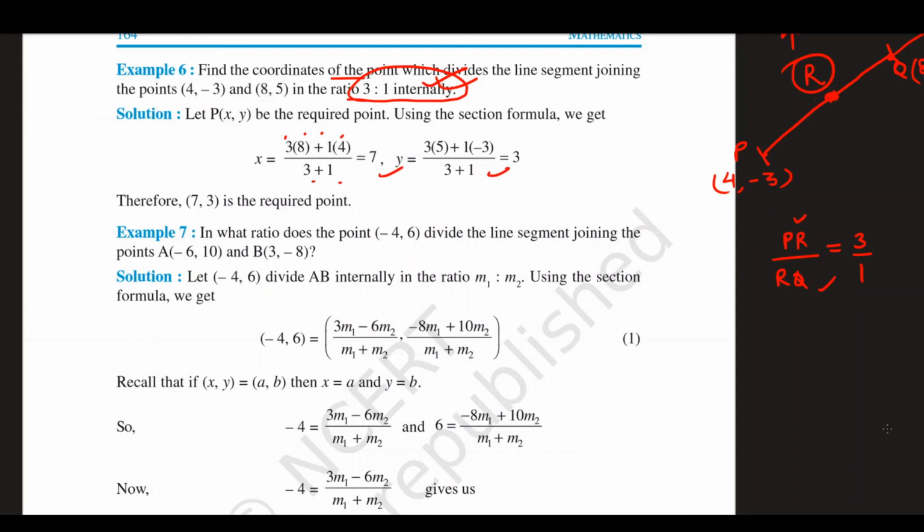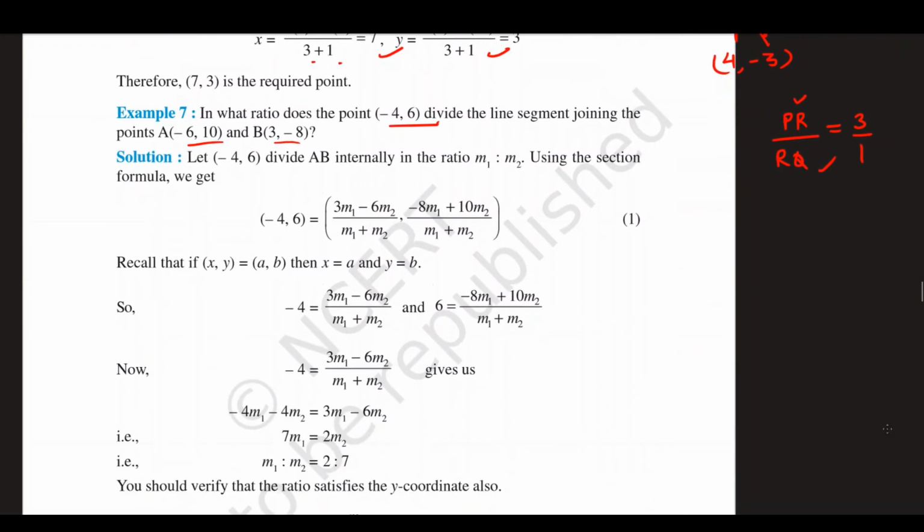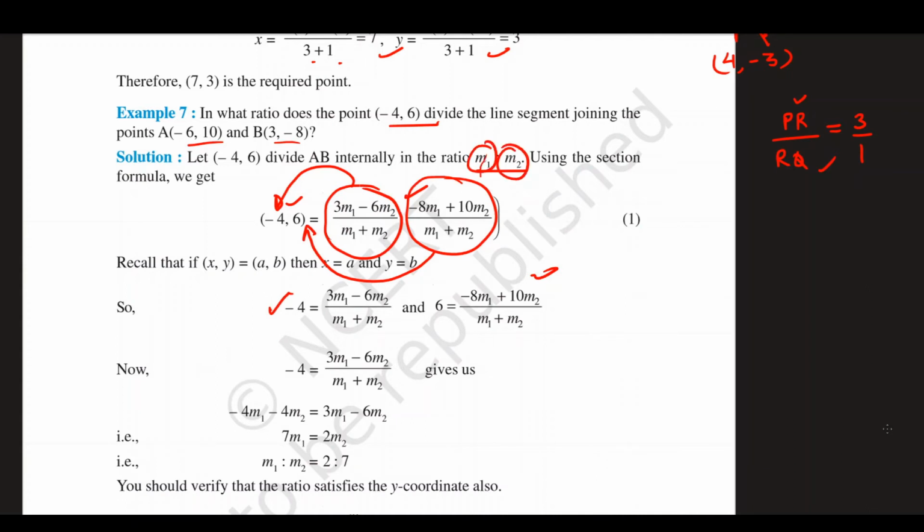The next part, the seventh part, is: in what ratio does this point divide the line joining A and B? You don't have to worry much. Just let it be divided internally in the ratio m1 is to m2 and equate this with the formula. Now you have this thing equal to this and this thing equal to this. You have two equations and two variables, m1 and m2.